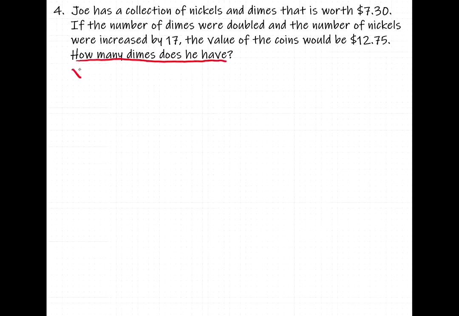So let's say x is equal to the number of dimes. But this problem also mentions the number of nickels, and we can't just focus on dimes because we don't know how many nickels there are either. So let's let y equal the number of nickels.